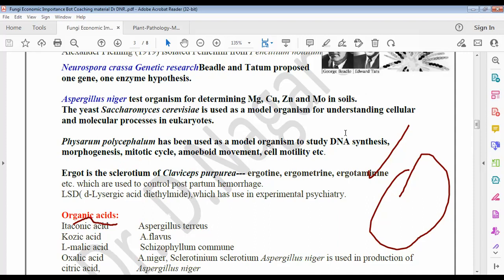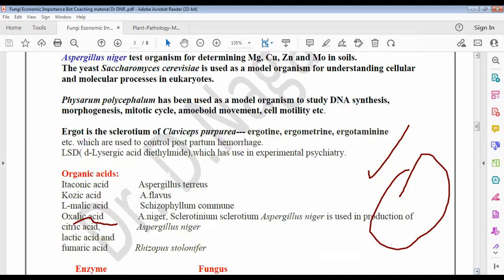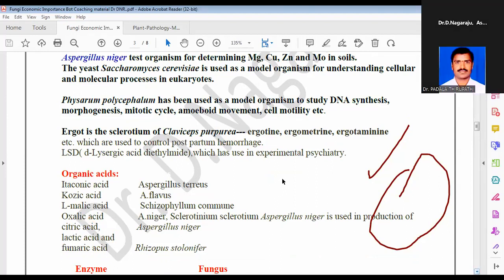And I already told you about ergot disease, caused by the fungus Claviceps purpurea. It releases ergot, which is very useful in experimental psychiatry and neural disorders.